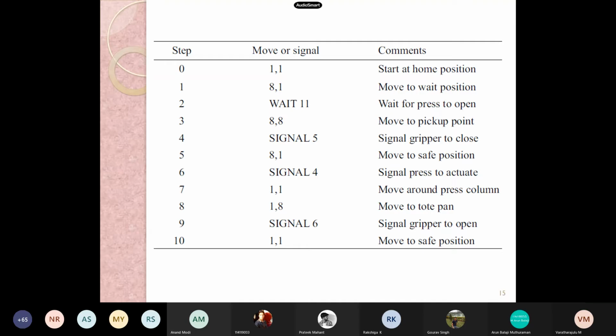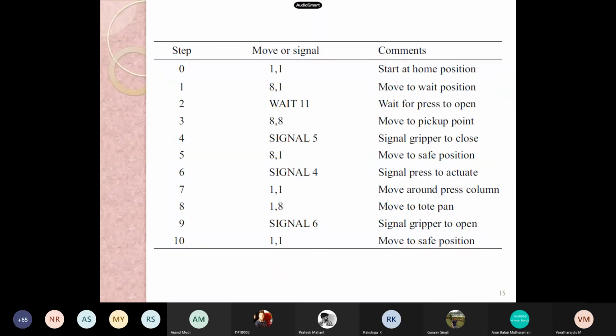We have several control ports available. With those control ports, we are using 1 to 10 for signals and 11 to 20 for the wait lines. As programmers, we are going to specify these controller ports for signals or wait lines.